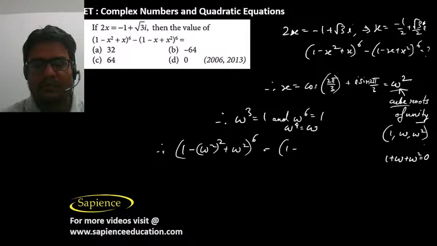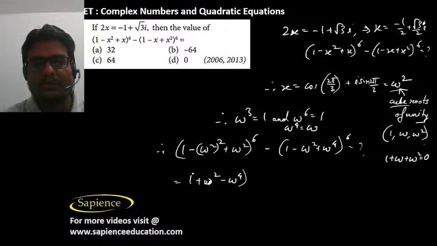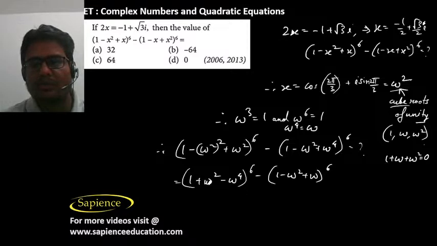So this will be 1 minus omega square plus omega power 4 power 6, that is 1 plus omega square minus omega power 4 whole power 6 minus 1 minus omega square plus omega whole power 6.